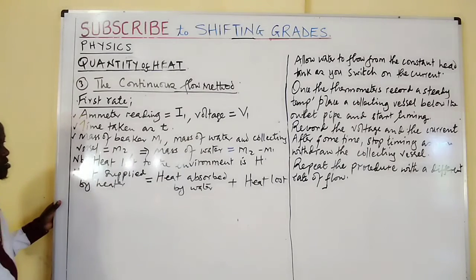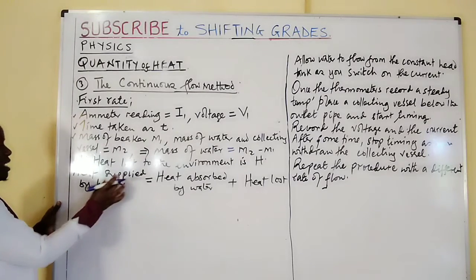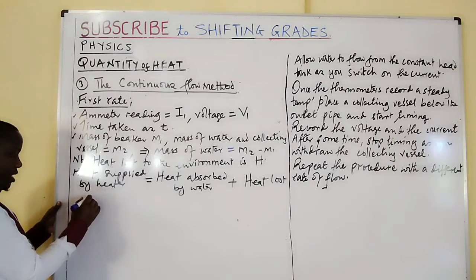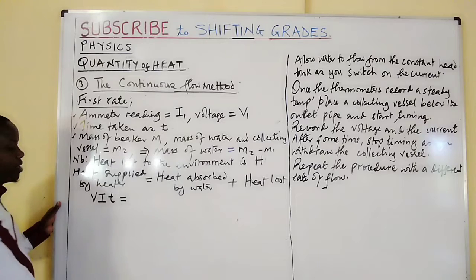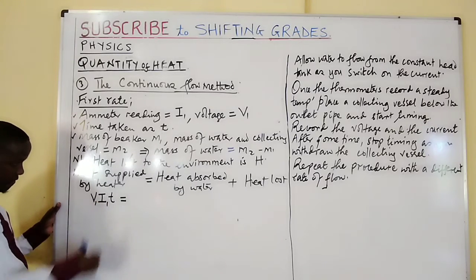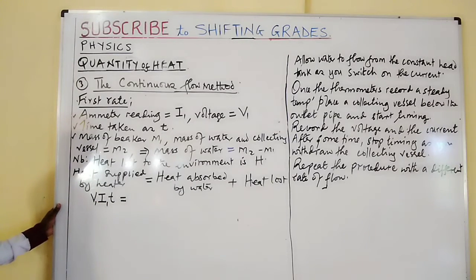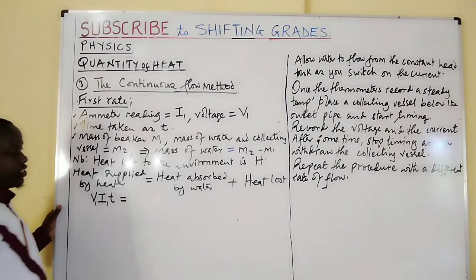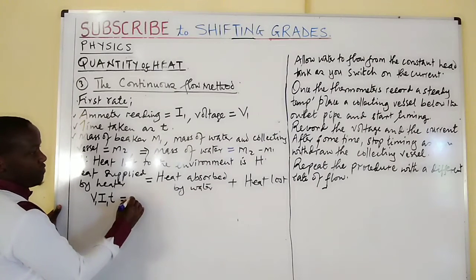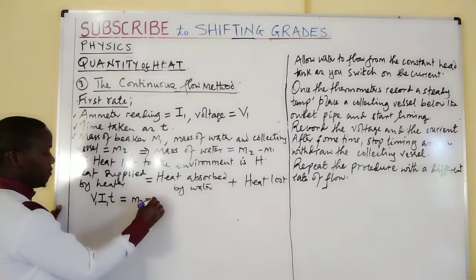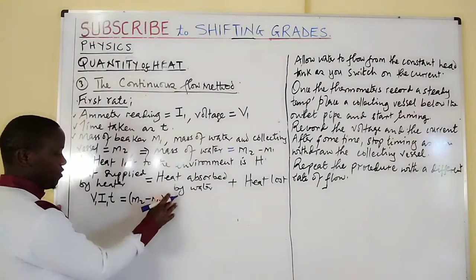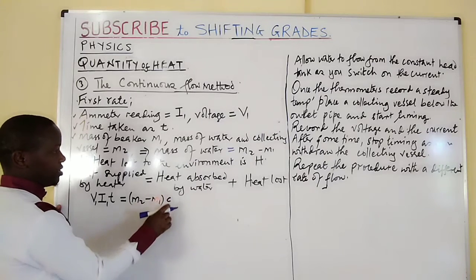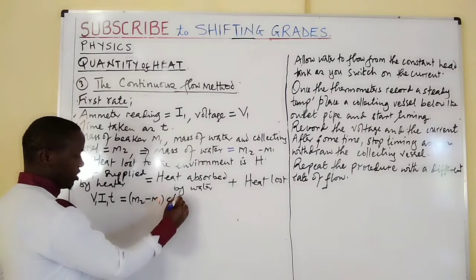Therefore, heat supplied by the heater coil is given by the power VI times time, which for the first rate is V1 A1 T, equal to heat absorbed by the water, which will be the mass of the water times the specific heat capacity of water times the change in temperature.